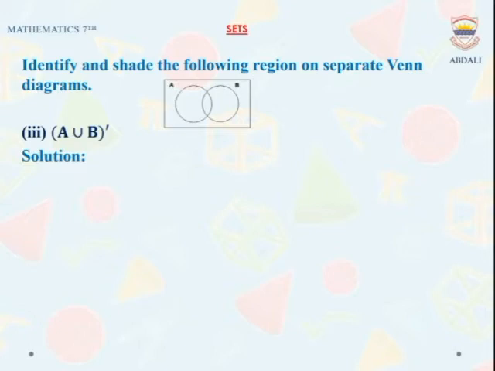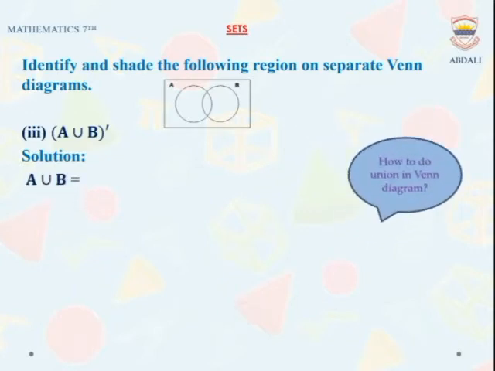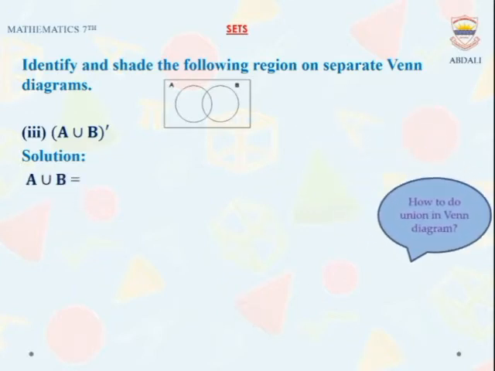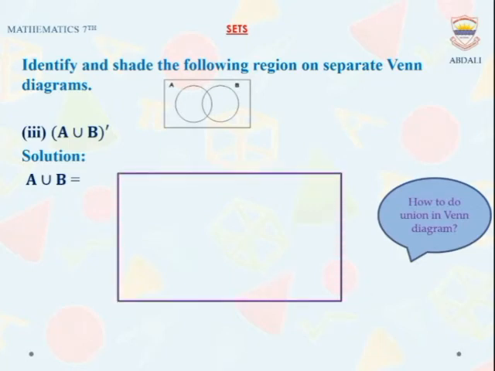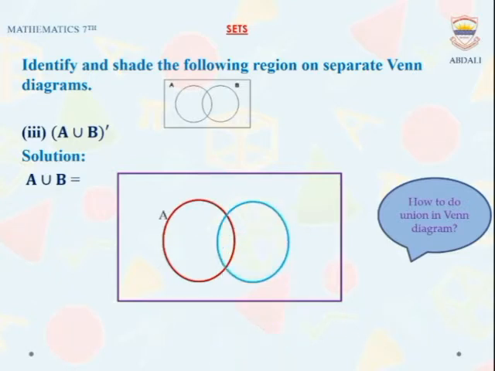So class, firstly a question will arise in your mind: how to take union in a Venn diagram. To take union, firstly we have to draw our universal set, and then we have to make set A and then set B as described in the question.